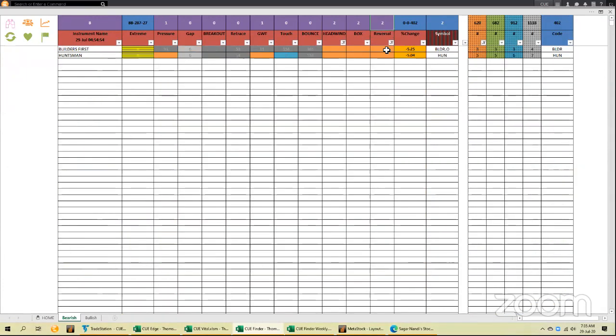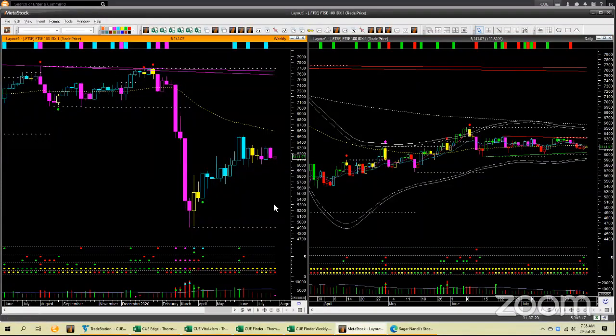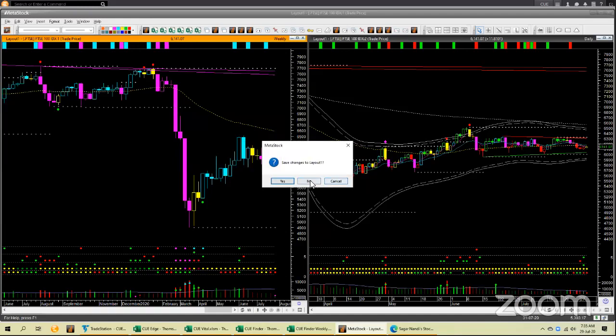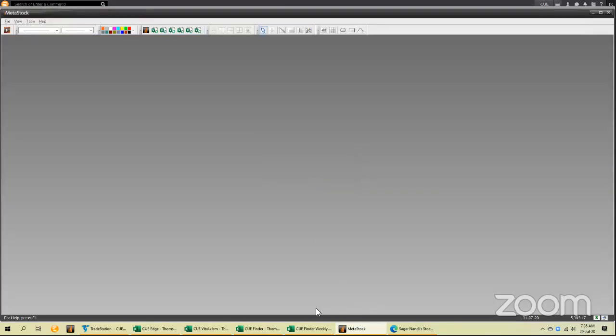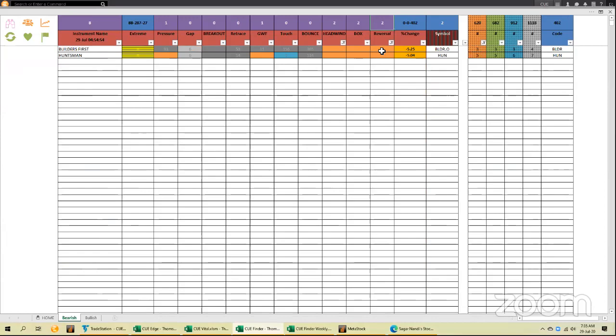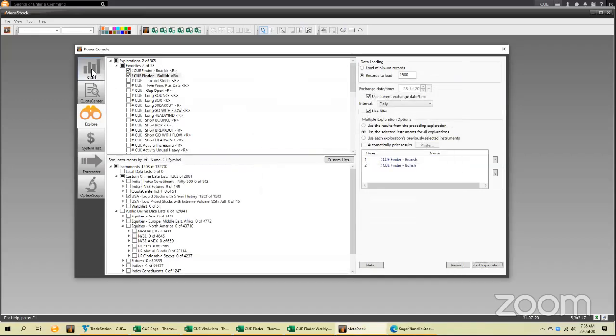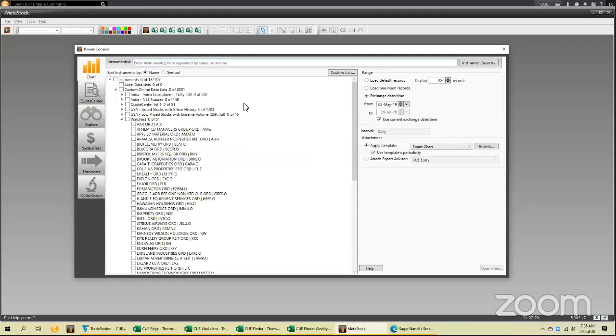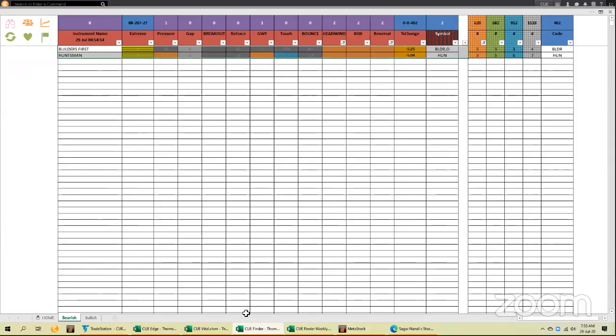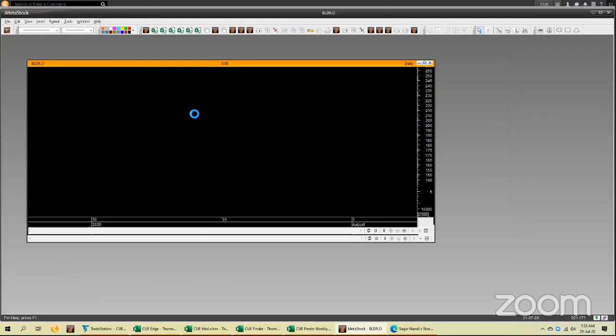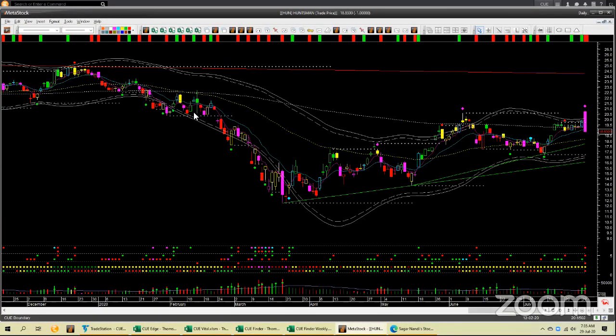I can see there are two. Let me close the Metastock charts. Come back to Finder, select them, click the chart icon. No, I was on Explorer. Let me go to chart application, put my cursor on the instruments, go back to Finder, click the chart icon again. That will open the two charts using Q Global template.